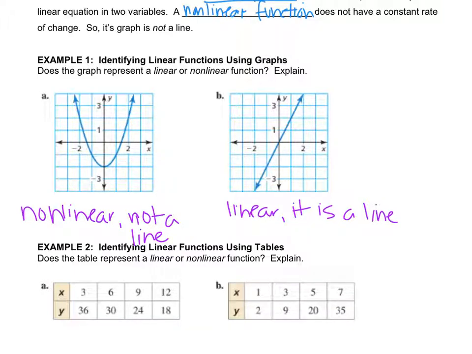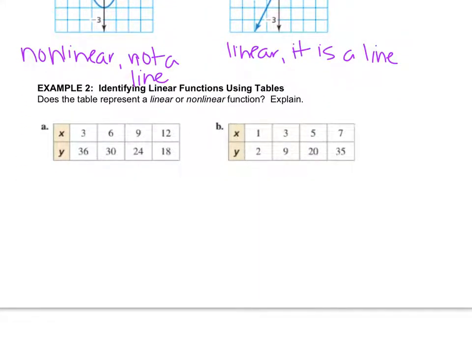It does not get easier than that when you have a graph. It gets a little trickier when you have a table because you have to look for what we talked about before, which is the rate of change. So, let's look at the x values. So the x values here are going up by 3, 3, 6, 9, 12. So that's a constant pattern. But do the y values also have a constant pattern? So 36 to 30 goes down 6. Does that minus 6 pattern continue?